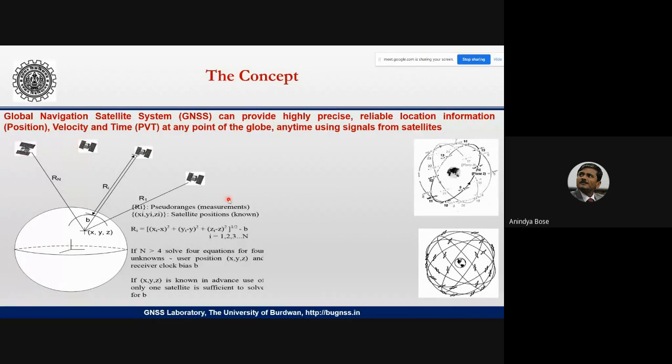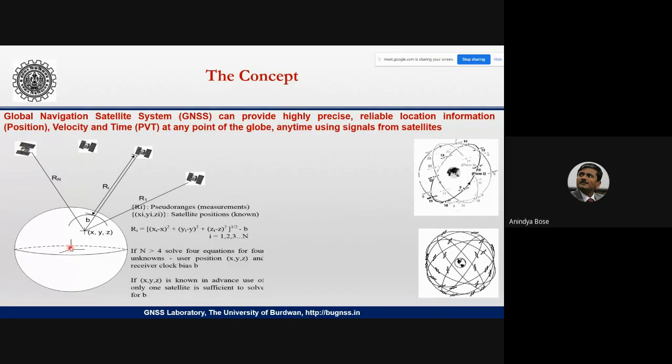If we measure the coordinates of this satellite with respect to the center of the earth, it would be x1, y1, z1, similarly x2, y2, z2, for this it is x3, y3, z3, and for this one x4, y4, z4, right? By some means, there are many methods, at any point of time we know the exact location of the satellite with respect to the center of the earth.